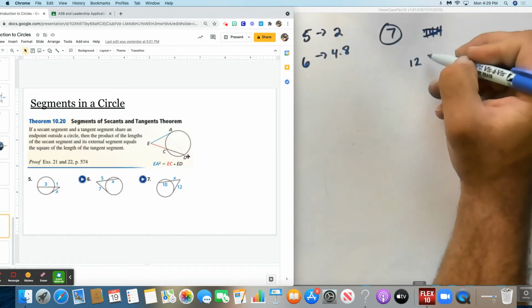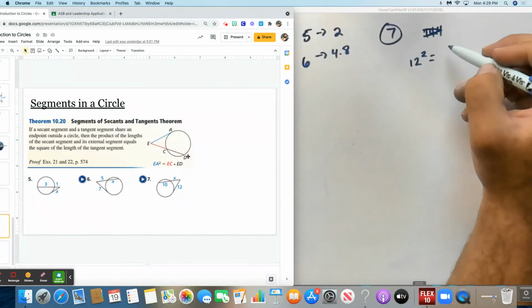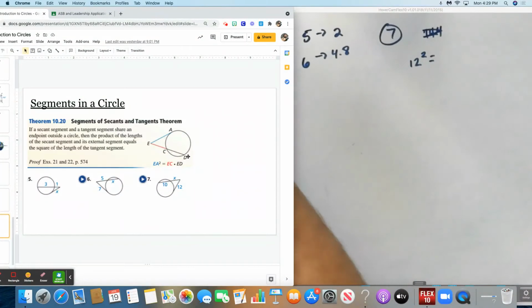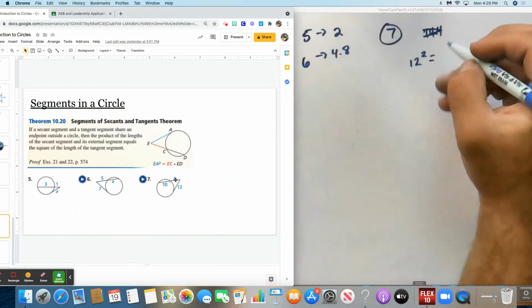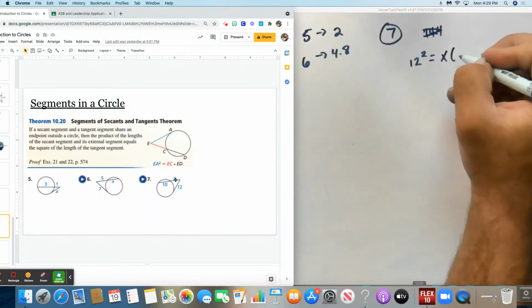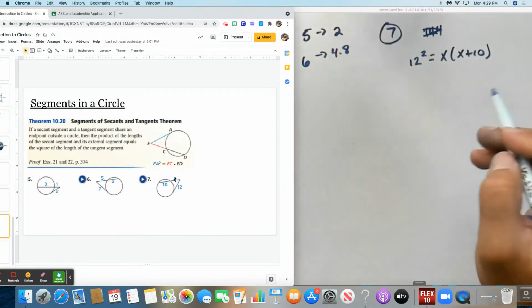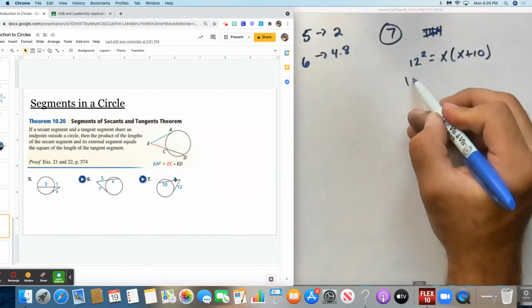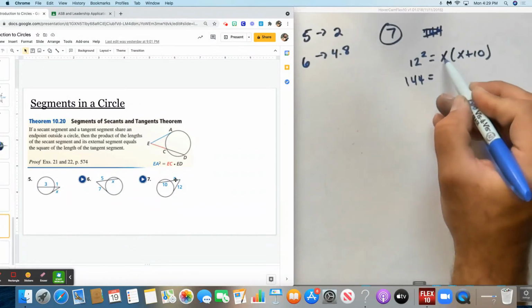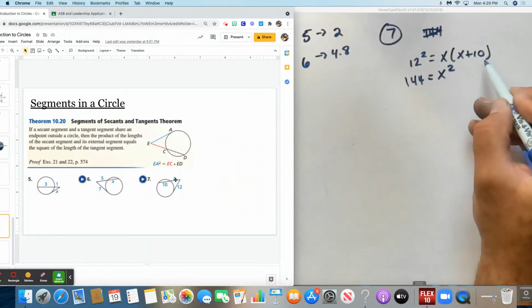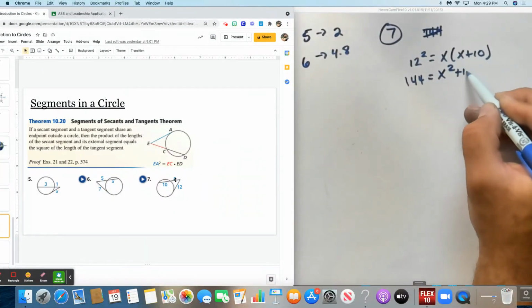So using the theorem, it would be 12 squared equals, the short segment here on number 7 is x, and then the long segment is going to be x plus 10. Okay, so 12 squared is going to be 144 equals x times x is going to be x squared, and then x times 10 is going to be 10x.